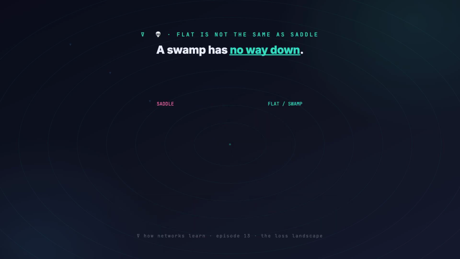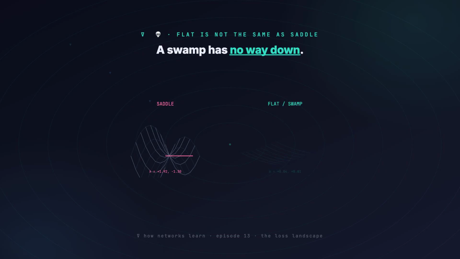Now, the misconception that bites hardest in practice. A flat region is the same as a saddle, just stuck. Not quite, and the distinction matters for what you do about it. A flat point has eigenvalues near zero. The curvature has gone limp in some direction. There's no downhill to find, but there's also no clear up.